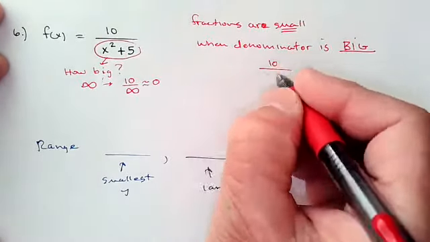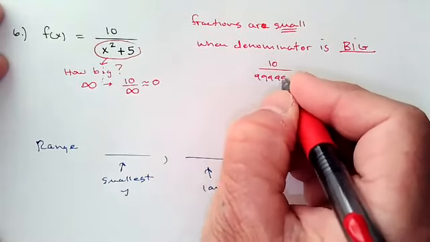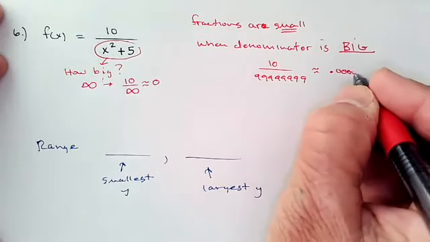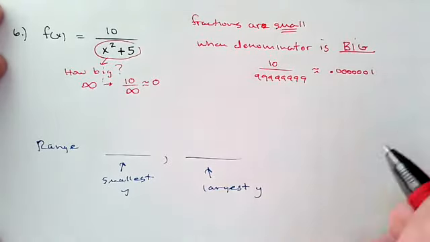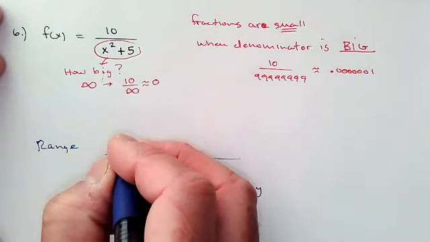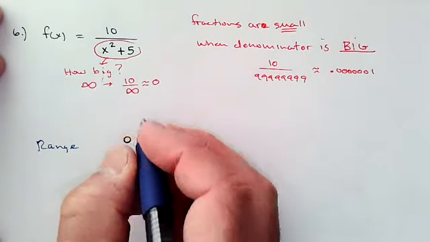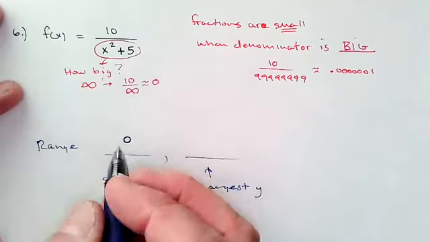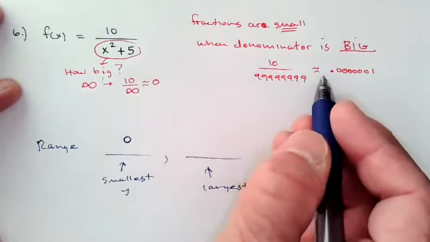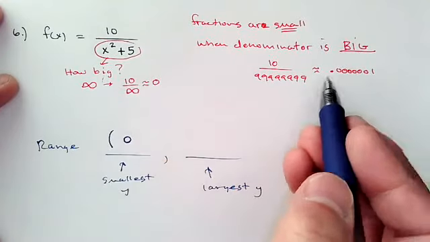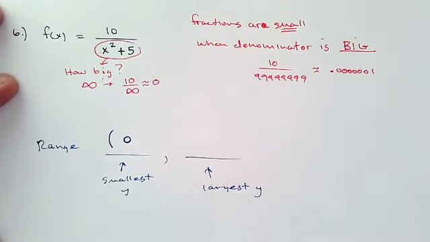If you had 10 divided by a huge, huge number, and you punch that in a calculator, it's going to give you like 0.00000, maybe and then 1 or something, but it's going to get really, really small as this denominator gets big. So we could argue then that our smallest y value is going to approach 0. If you have a fraction with a numerator of 10, it's never going to equal 0, right? This will never equal 0, but it'll get infinitely close the bigger that denominator is.